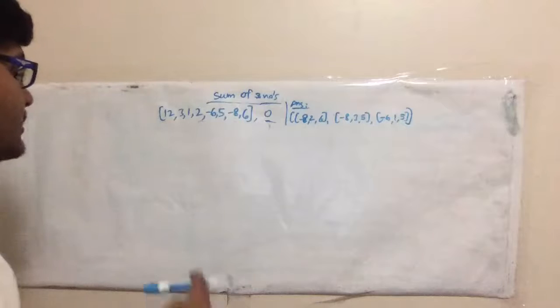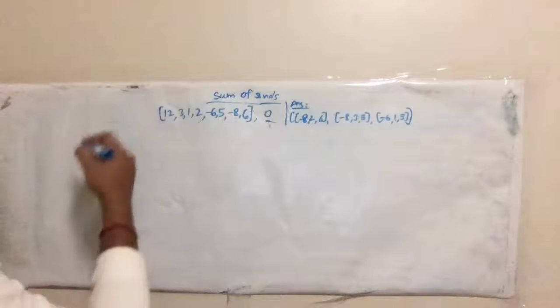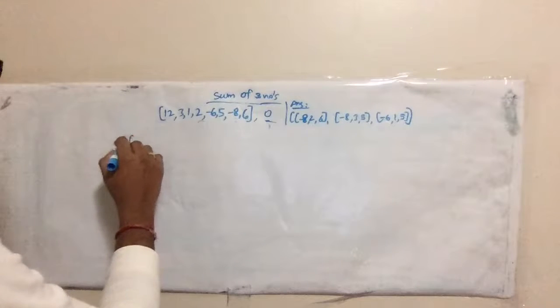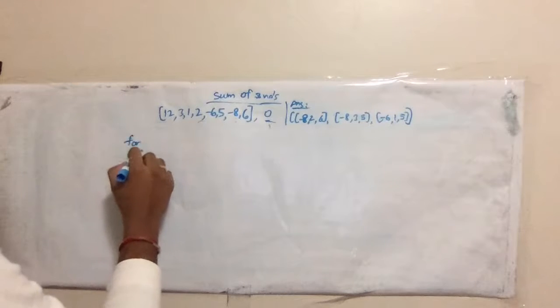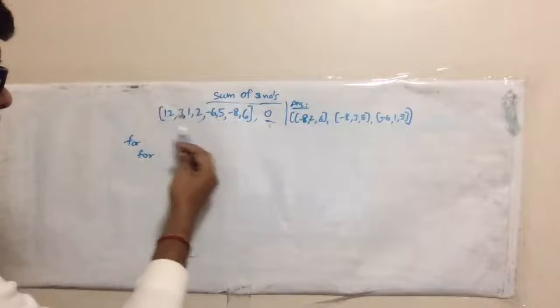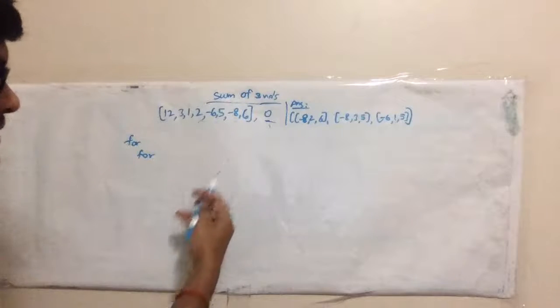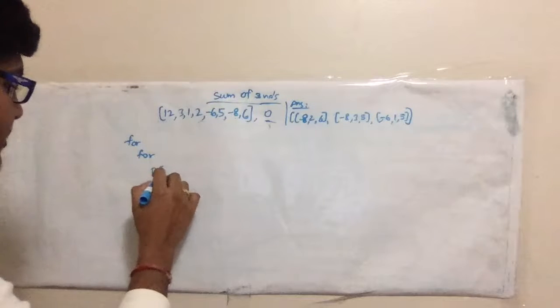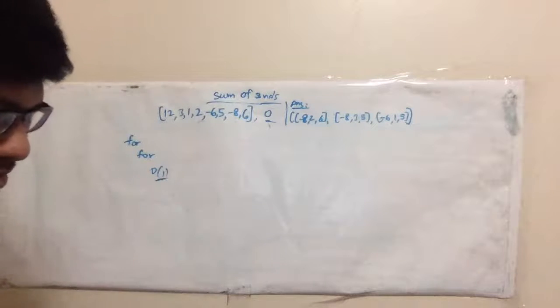So can we do it in a better way, not in n cube time complexity? We can use two loops, keeping one number and iterating through the other numbers, and using a hash table, which runs in big O of one time.